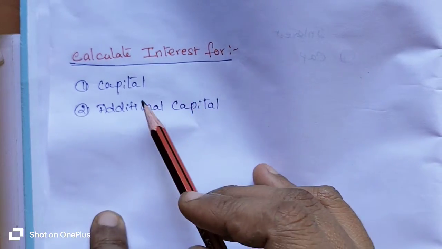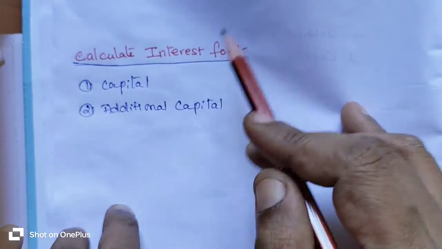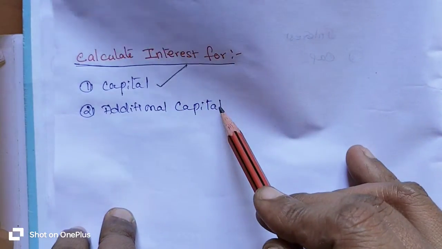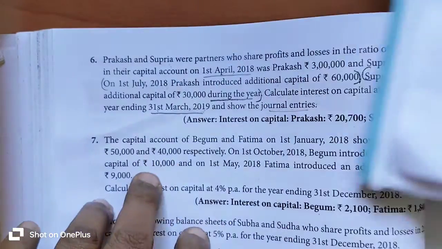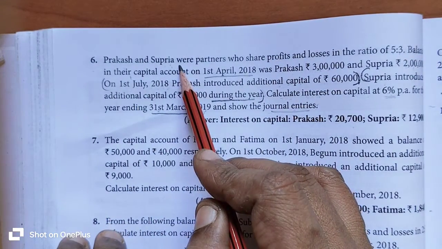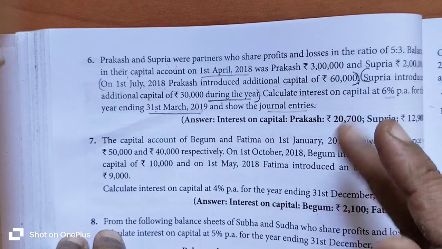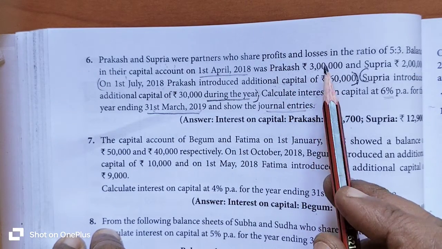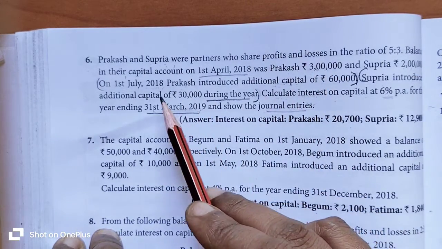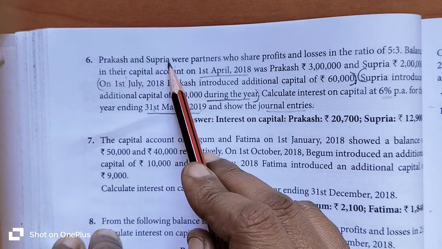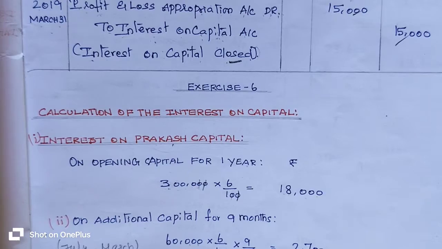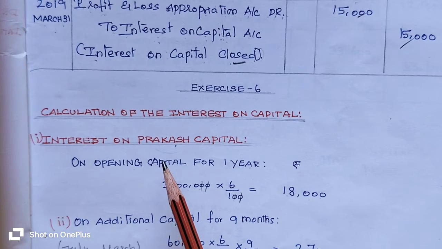So what we have to do is calculate interest on capital and additional capital for Prakash and Supriya. Two capitals, that is opening capital and additional capital, for Prakash and Supriya.